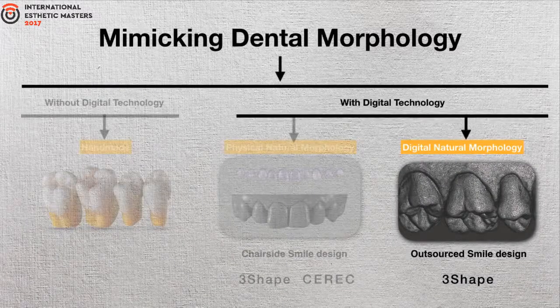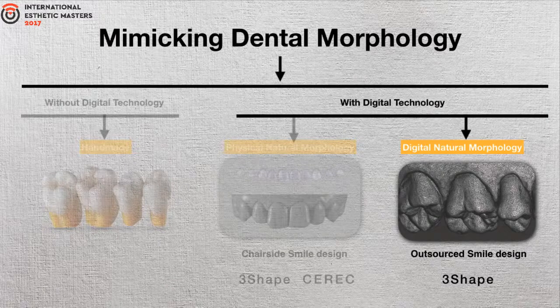Let's talk about the second way you can replicate a natural dentition without having to do it by hand or from scratch. This workflow is called outsourced smile design because, as I previously mentioned, the lab technician is responsible for designing the patient's smile. The design is outsourced.